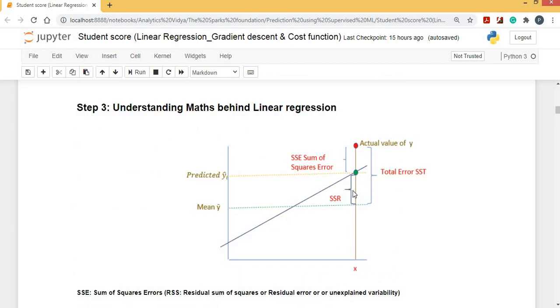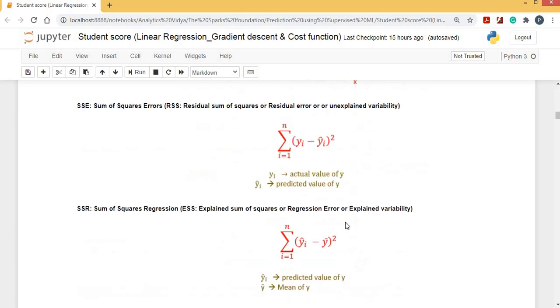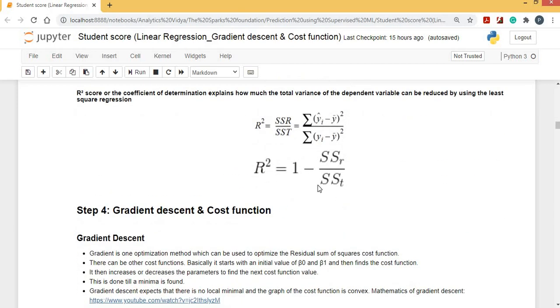Currently we won't be able to have SSR directly, so we'll calculate the ratio of SSE upon SST and subtract it from 1. That is what they have done over here, 1 minus SSE upon SST.